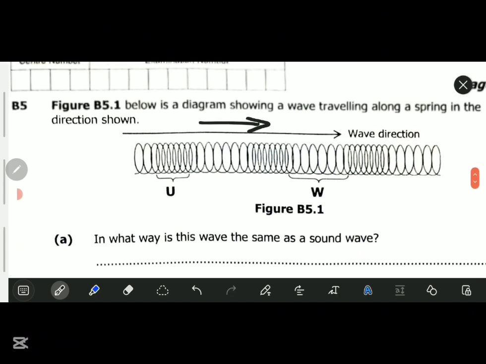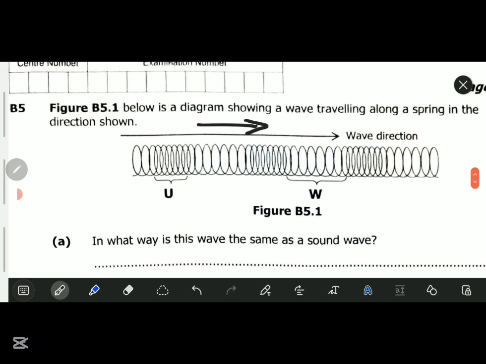So let's look at the diagram. This is a spring wave. As the wave travels in the direction shown, the particles in the spring are moving to and from.